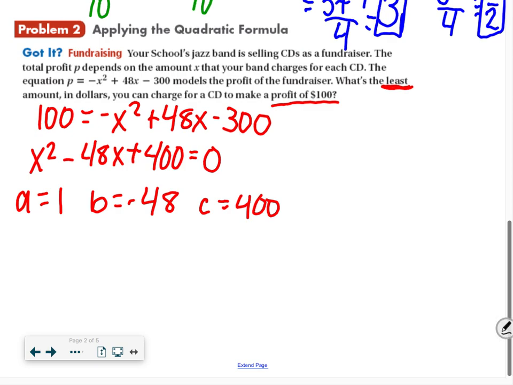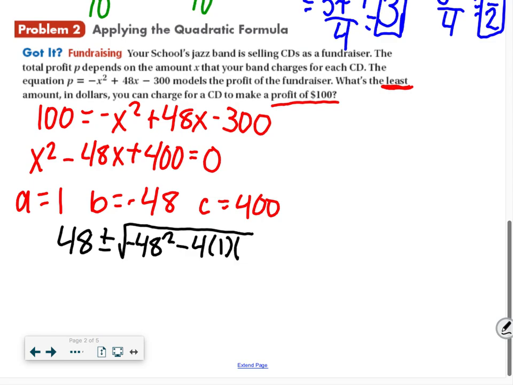Plugging it in. 48 plus or minus the square root of negative 48 squared minus 4 times A, which is 1, times C, which is 400, all divided by 2 times 1.